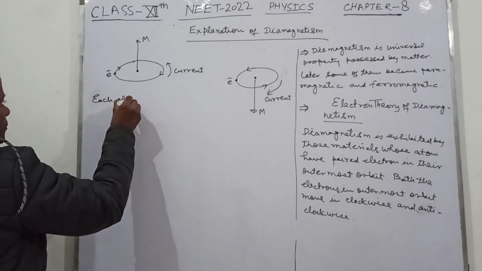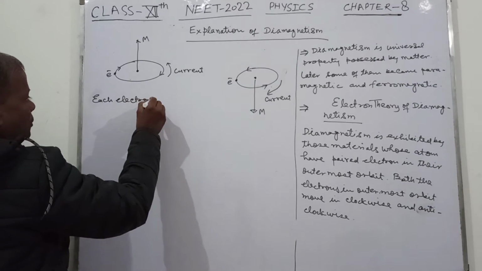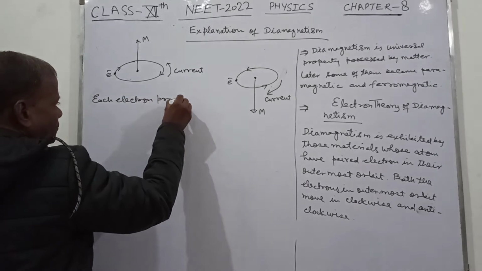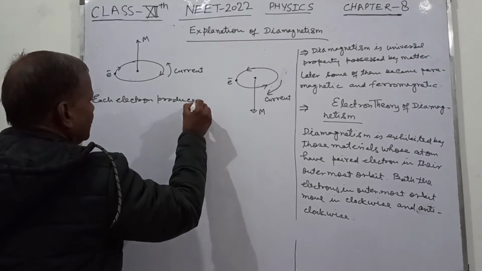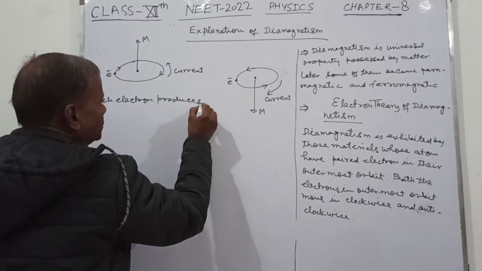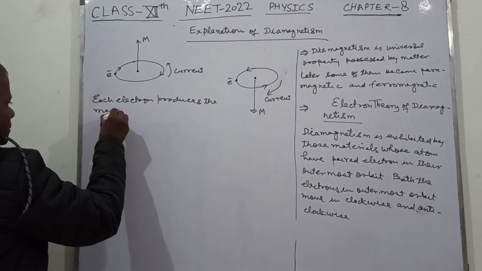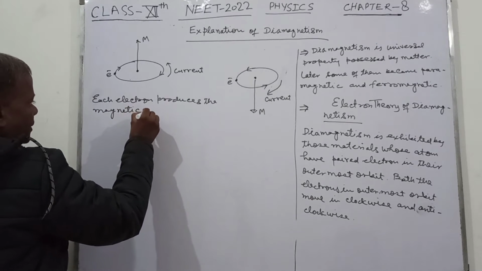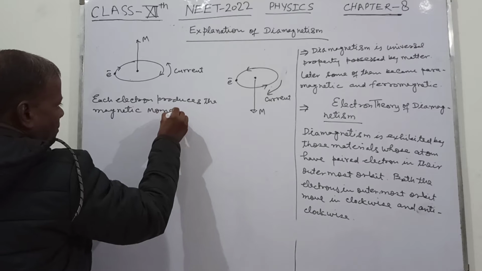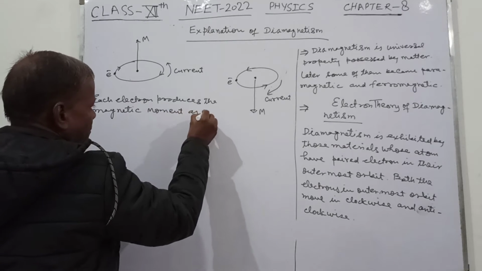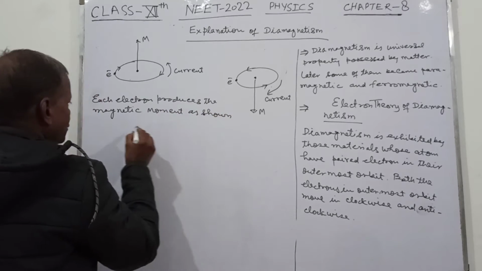Each electron produces a magnetic moment as shown in the figure.